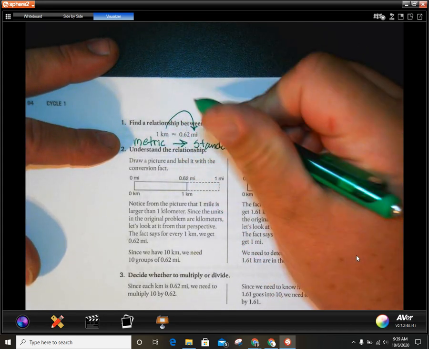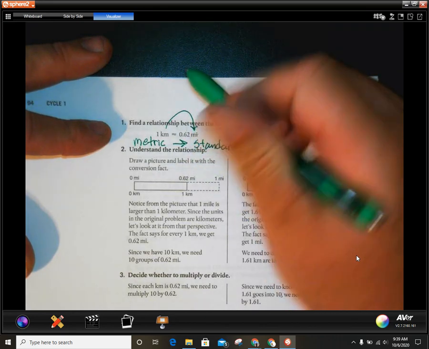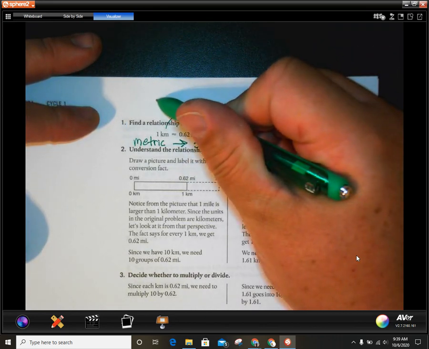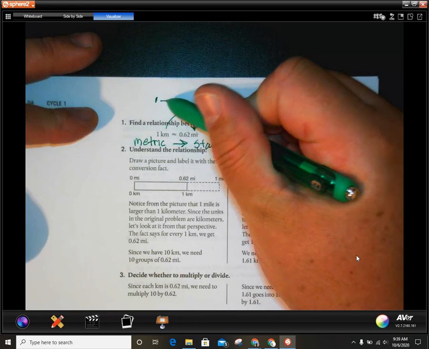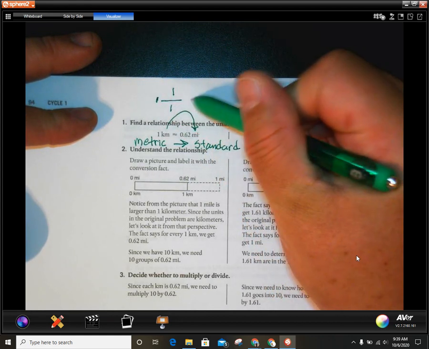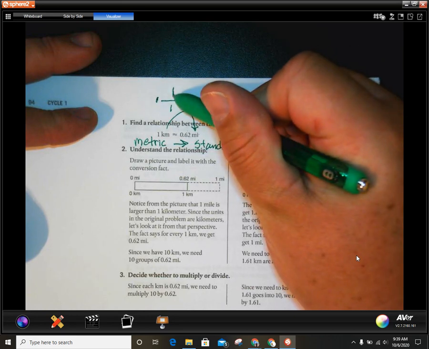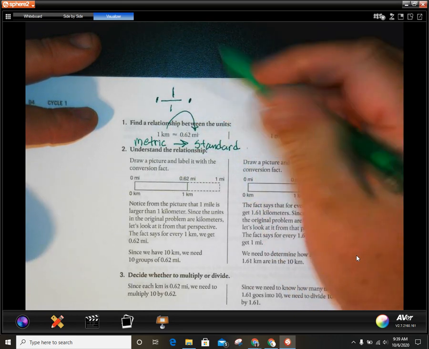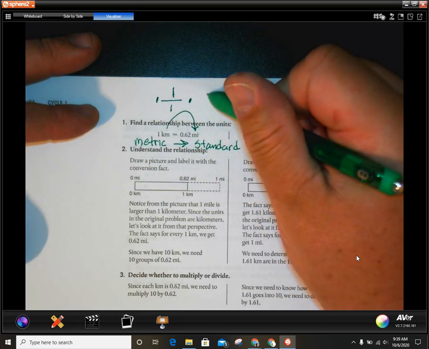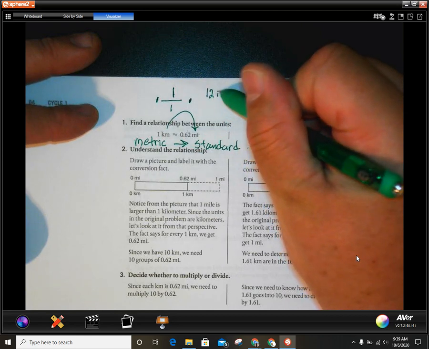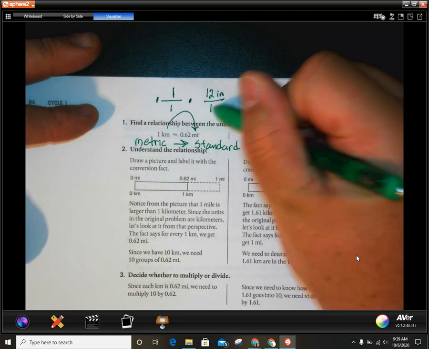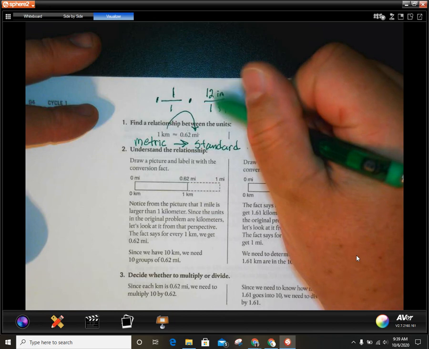Somewhere along the line, remember, you can only multiply a fraction by a unit of 1, so you don't change the value of it, or 1 over 1. In other words, like 12 inches to 1 foot, that's a unit of 1.